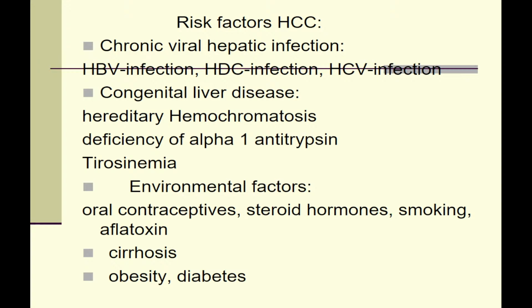The second risk factor is congenital liver disease: hereditary hemochromatosis, deficiency of alpha-1 antitrypsin, tyrosinemia. Tyrosinemia, the most common cases are in Middle East countries.